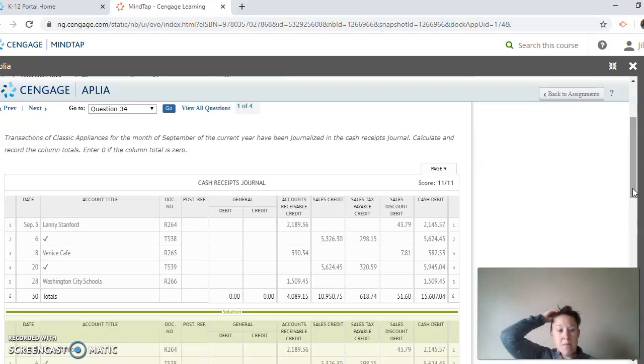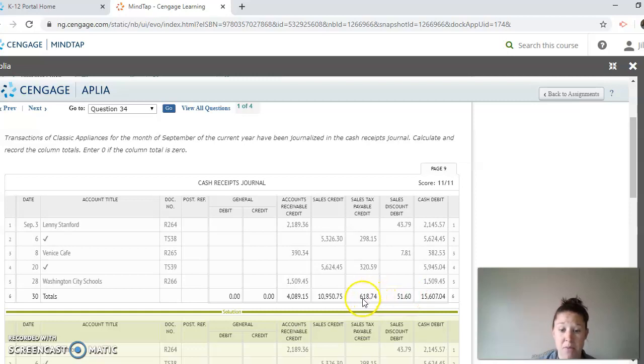So the first step that we are going to follow is we're going to do our totals. So the date is the 30th. We're going to plug in the word totals, then general debit and credit. Accounts receivable, if we add everything up, is $4,089.15. Sales is $10,950.75.